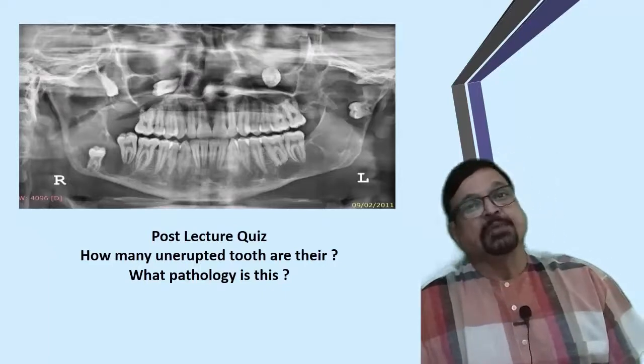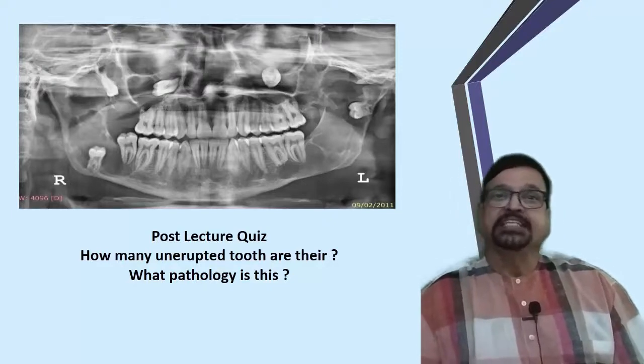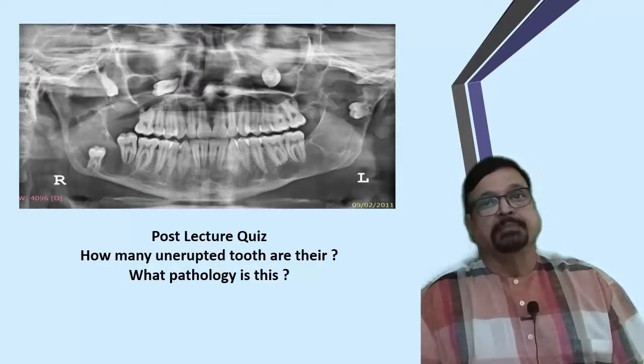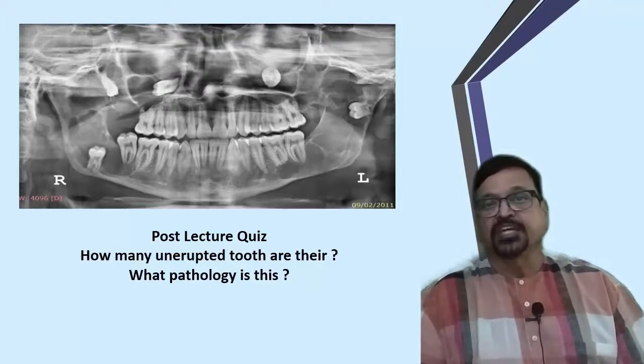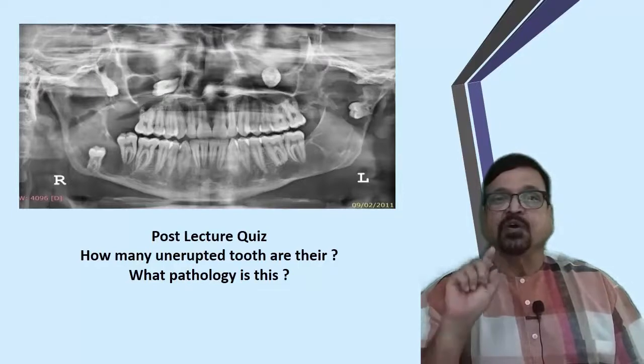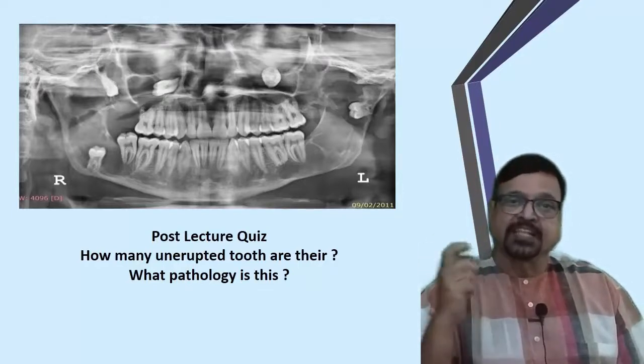Now we are coming almost to the concluding remark. We have seen all pathologies of the mandible. We have seen how to read them. So the best way to approach a mandible pathology is to first decide whether it is an osteolytic lesion or an osteosclerotic lesion, whether it is a cystic lesion or otherwise.